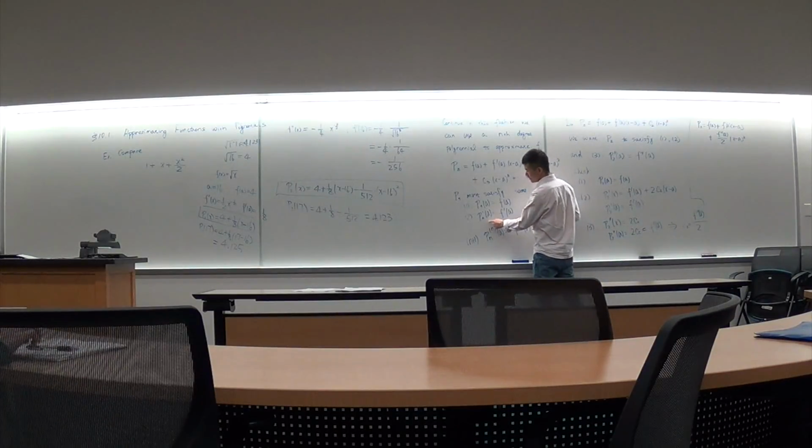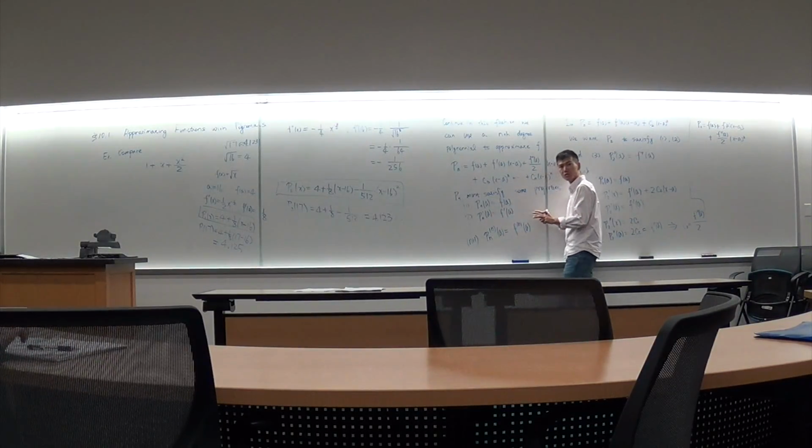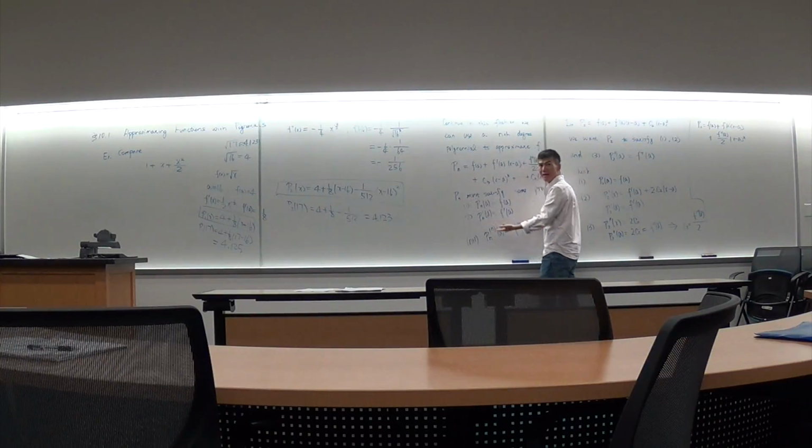So you see this? We impose more and more conditions on this polynomial P sub n as n increases. For the first polynomial, the linear polynomial P1, we just impose these two conditions. So P1 of a is equal to f of a. That's basic. And then we impose another condition, which is the first derivative is equal to the first derivative of this original function f at the point a.